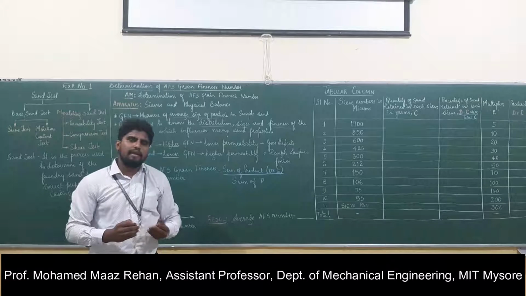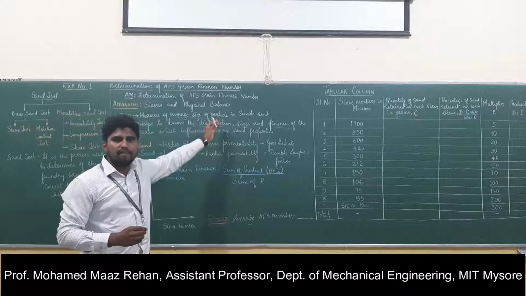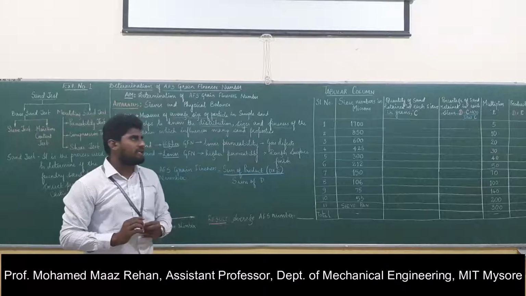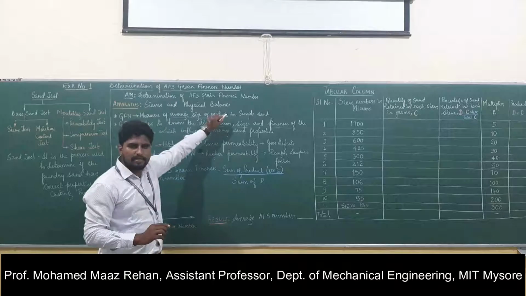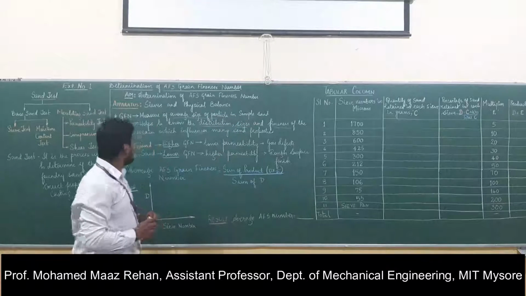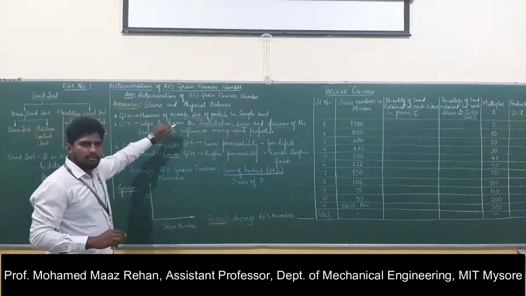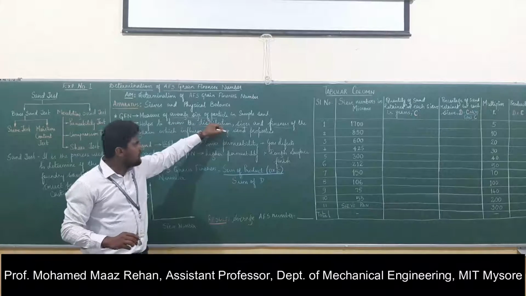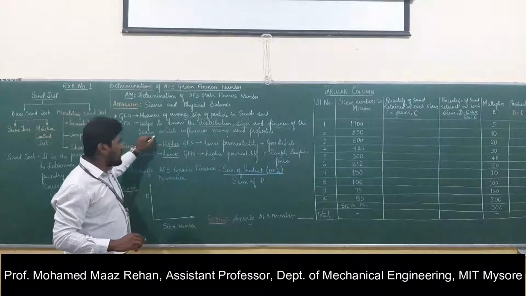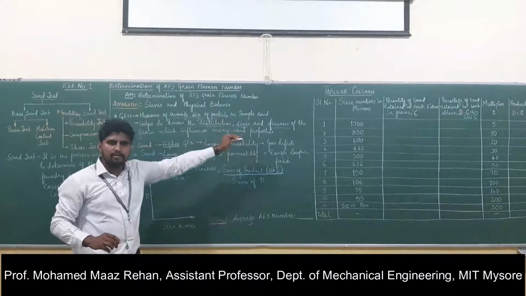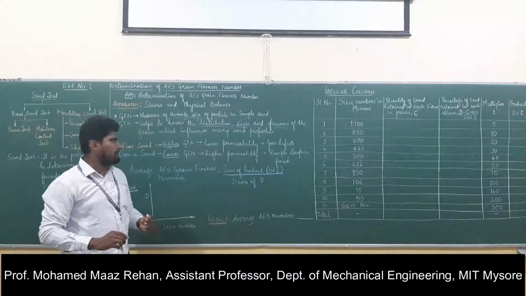We are going to take a sample sand and find the AFS grain fineness number for that particular sand. Next, grain fineness number helps to know the distribution of the grains, the sizes and the fineness of grain, which influence many other sand properties such as permeability and so on.